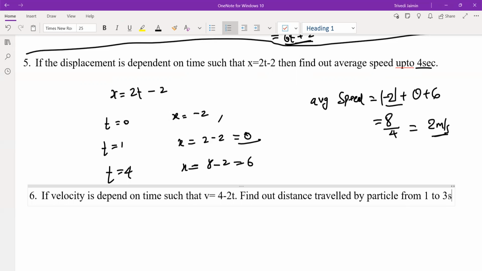And remember, this equation is for velocity, and they're asking for distance.